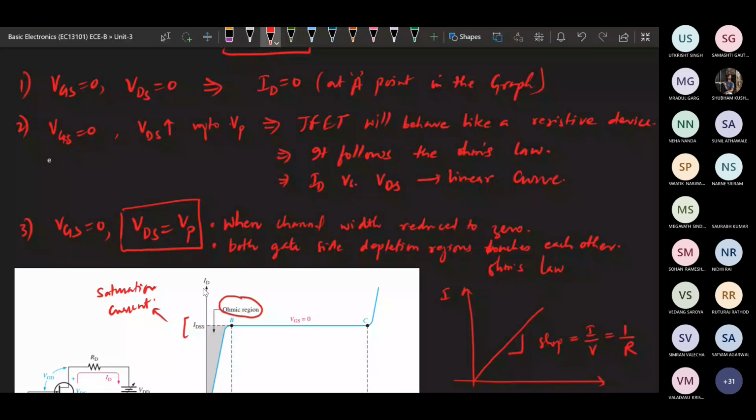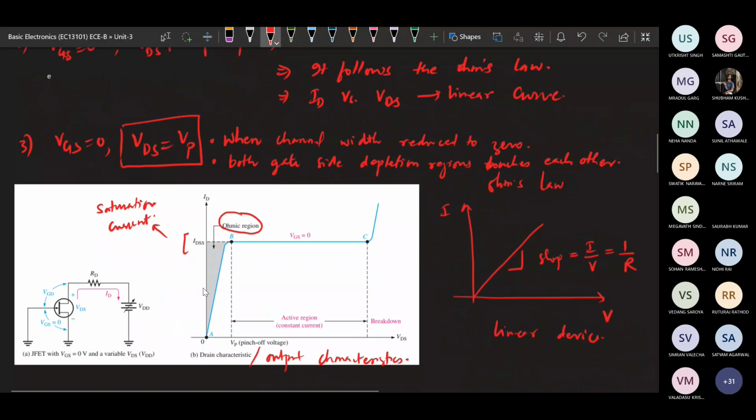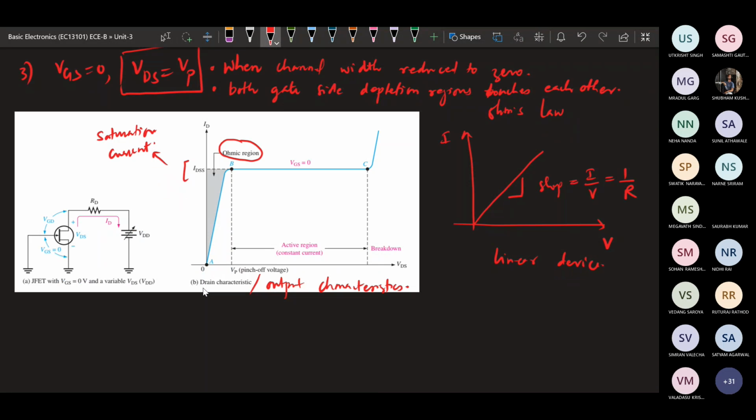This is the point called pinch off point. Okay, so at the pinch off point the current will be the minimum current that will be flowing, that is IDSS, and beyond that also the same minimum current will be flowing, that is IDSS. That means the current will become constant, and this is the point C.